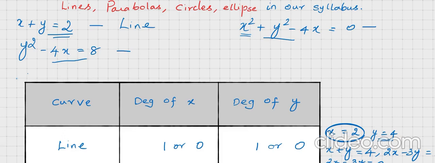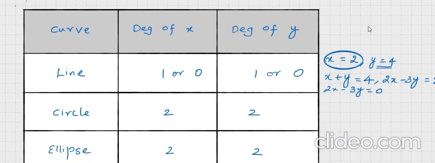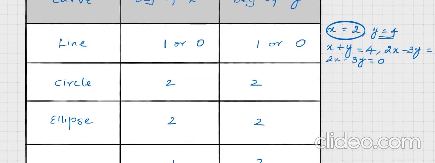Here the degree of y is also 2. So it does not represent a line. The maximum power of x as well as y must be 1 for a line. Keep in mind, for a line, the degree of x as well as the degree of y should not exceed 1. This is the condition for an equation to represent a line.